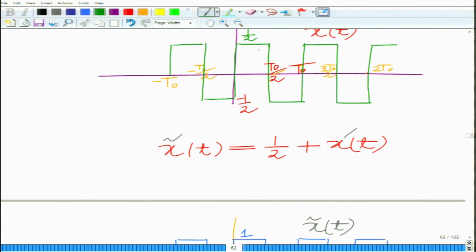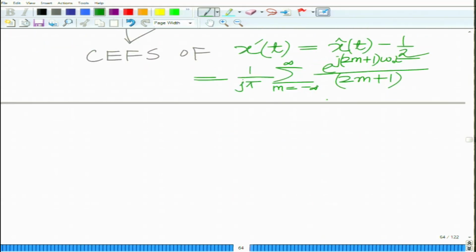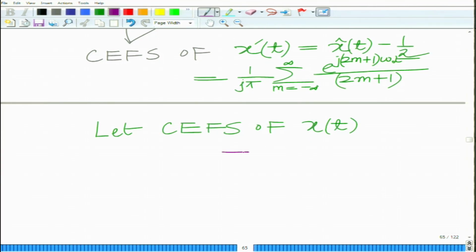Let us say the complex exponential Fourier series of x t, which is the original triangular wave, is denoted by summation k equals minus infinity to infinity C k e raised to j k omega naught t.